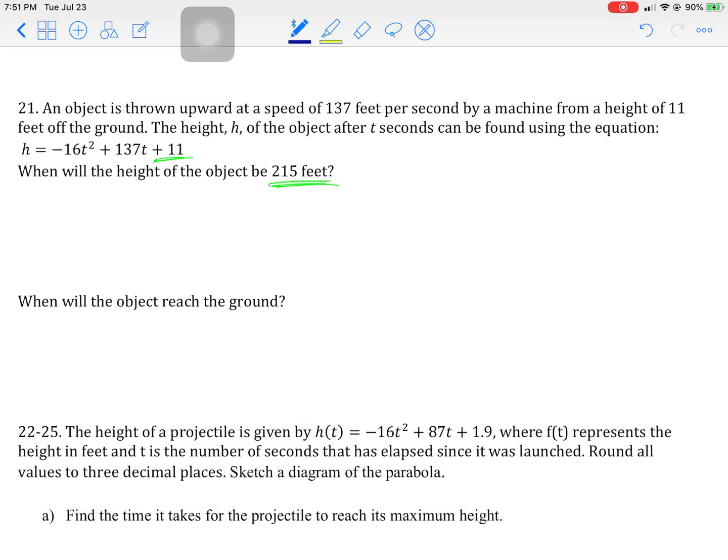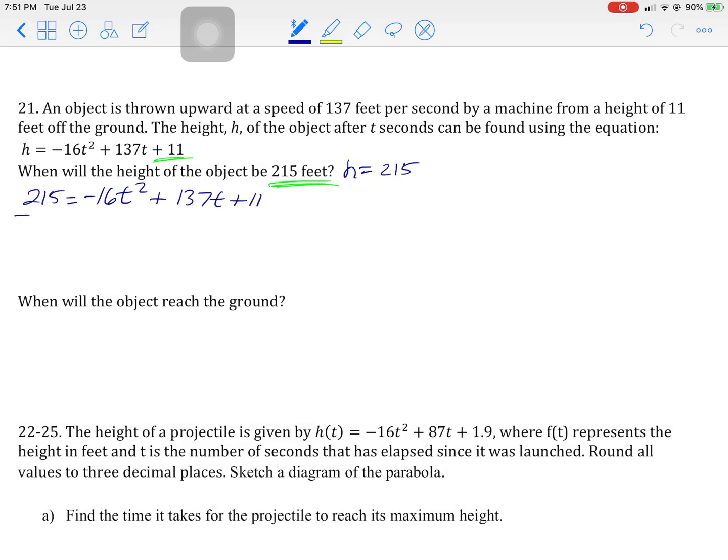Okay, so that means h is 215. That's the given. So we need to write that here for h. Negative 16t squared plus 137t plus 11.